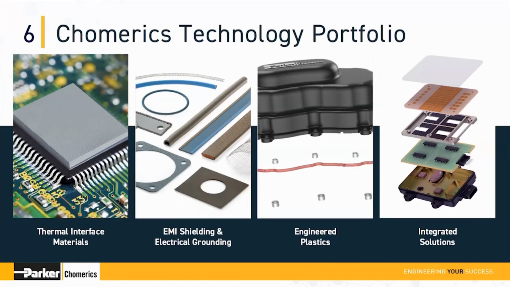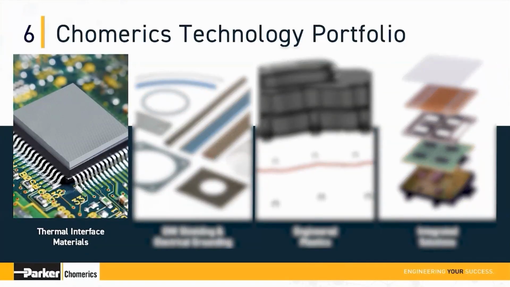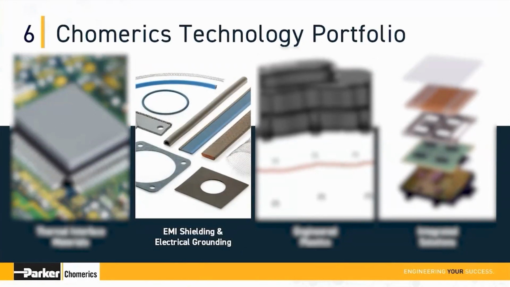Comerics technologies are divided into four main product families. The first is thermal interface materials, which is the focus of today's presentation. These materials are commonly used on printed circuit boards and are designed to effectively transfer heat, helping to prevent electronics from overheating. The second product family is electromagnetic interference, EMI, shielding, and electrical grounding.